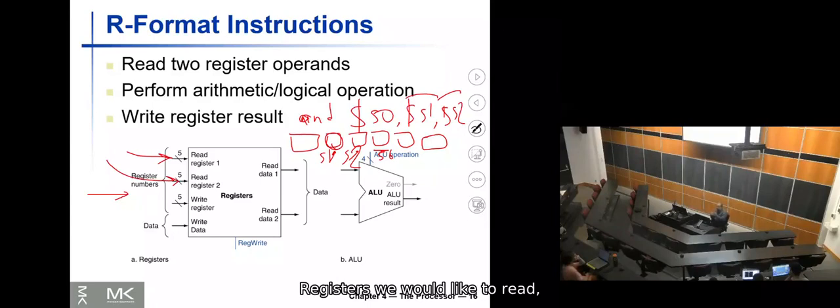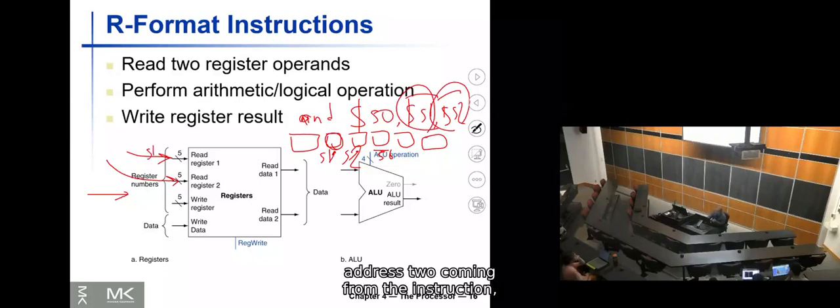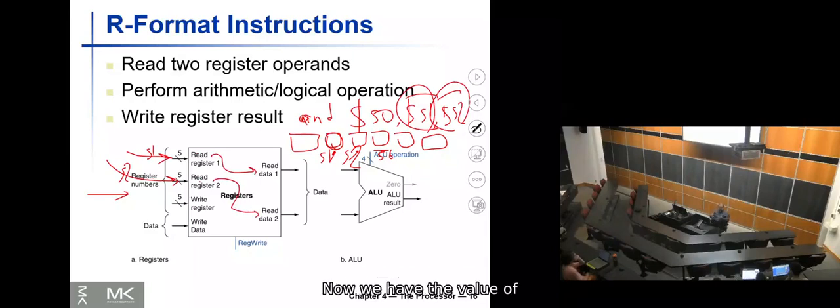What registers would we like to read? We would like to read S1 and S2. So the address of S1 and the address of S2 come from the instruction, and they go to the register file. When we have the address here, the content of these registers will appear here. Now we have the value of S1 here and the value of S2 here.